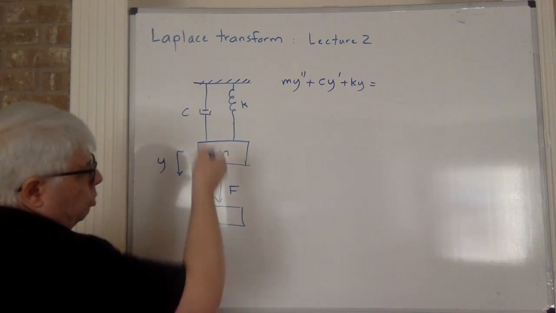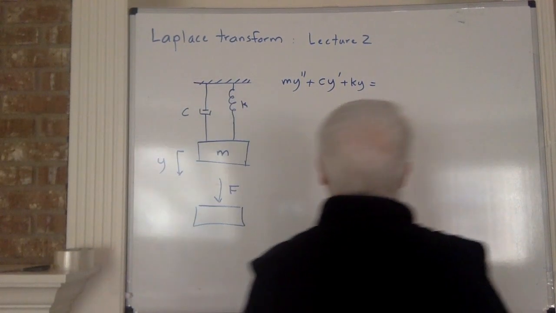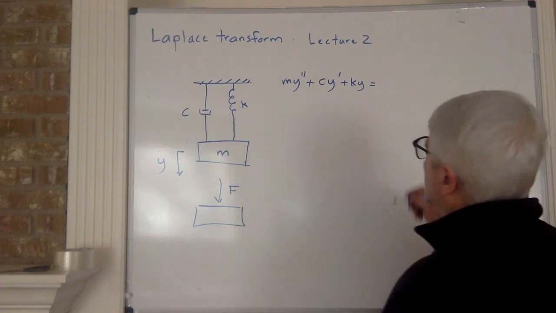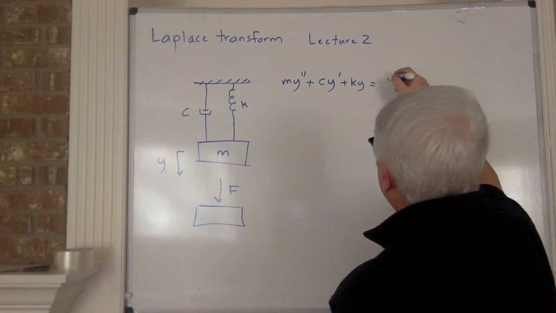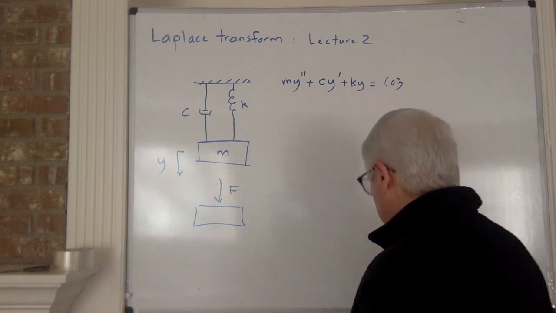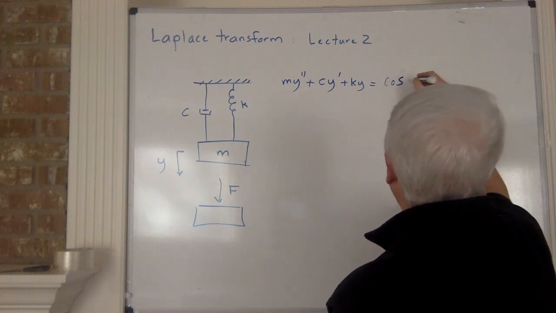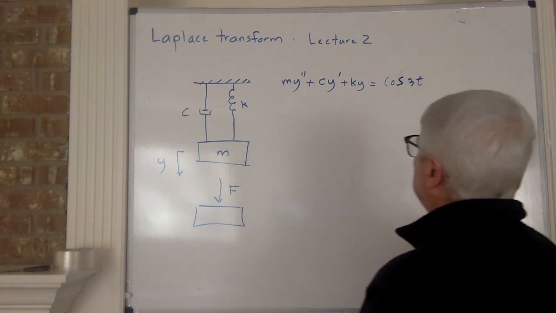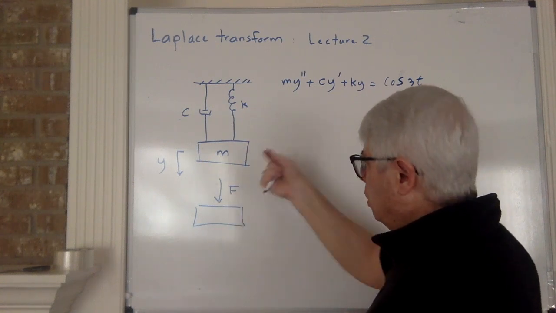So it just pulls this down somehow. So I have a force on this side. So it can be, say, cosine some omega t, say cosine 3t. So it might be just up and down, up, down, up, down.